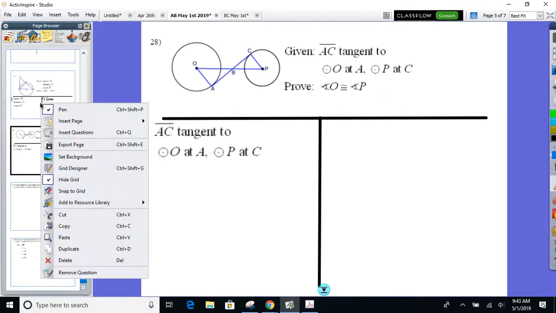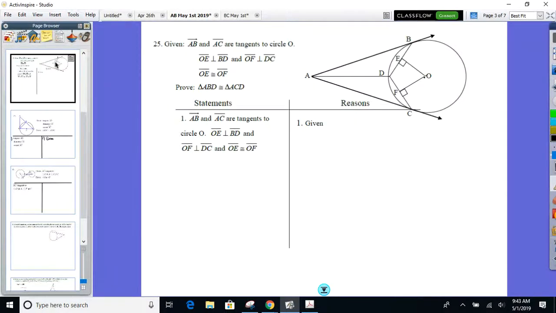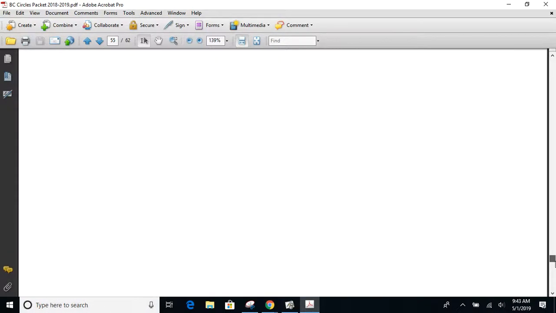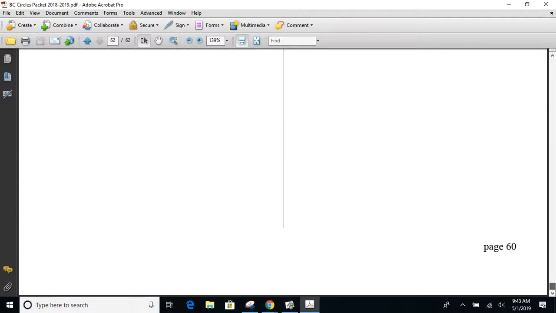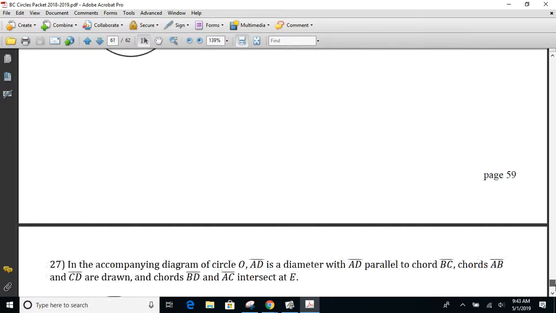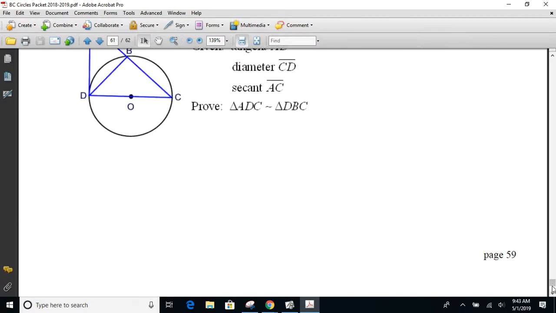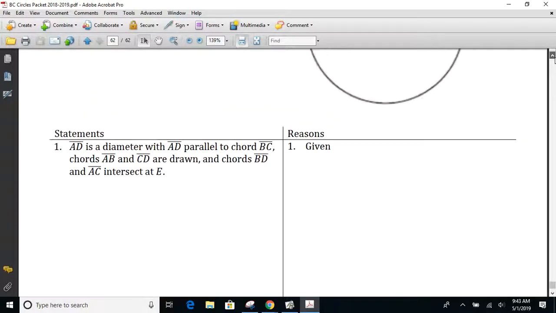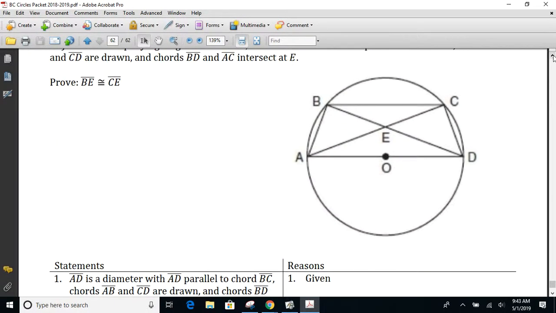You guys have a different one, huh? Okay, I'll get it. Give me a second. It's a good proof. Whew, it's a beast. You guys can start looking at the givens. Mark your diagram if you want. Look at what we need to prove.